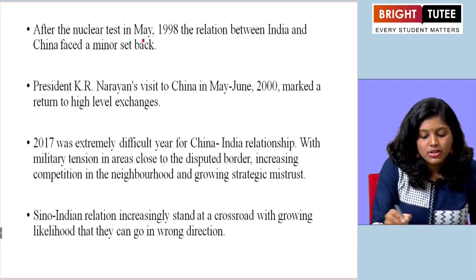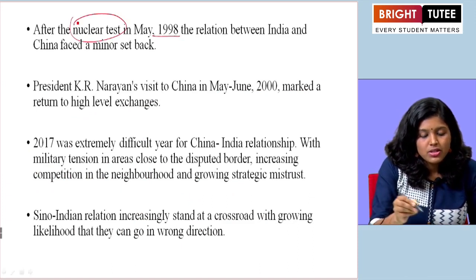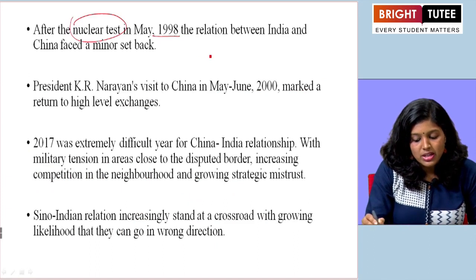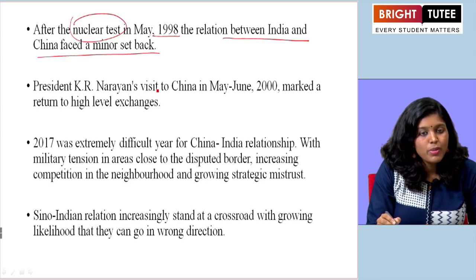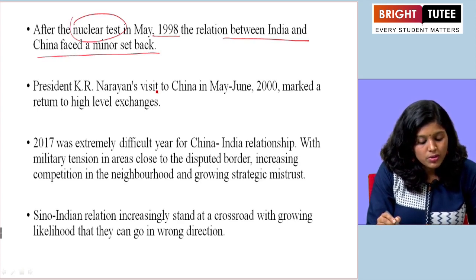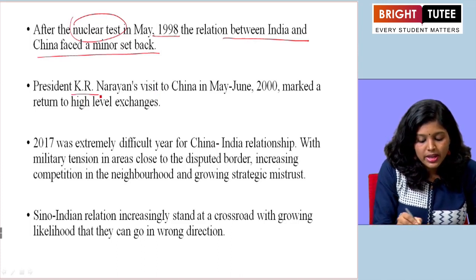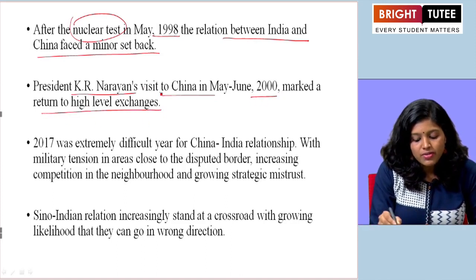Later in 1998, after the nuclear test in India, the relation between India and China faced a minor setback. President K.R. Narayanan's visit to China in May 2000 marked a return of high-level exchange.